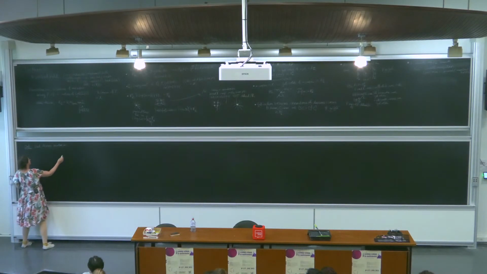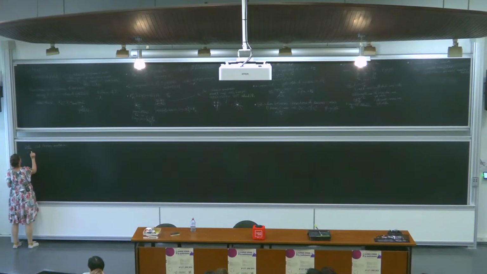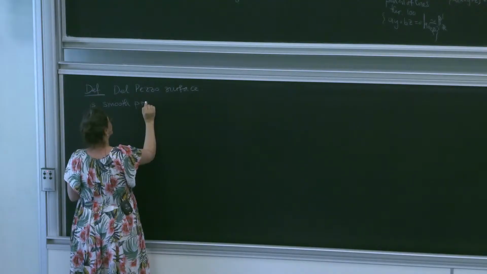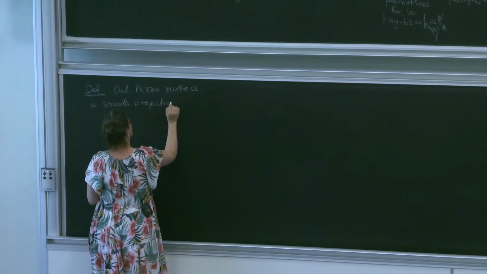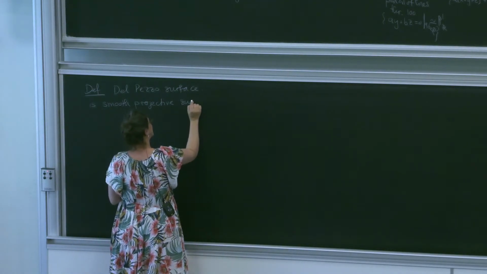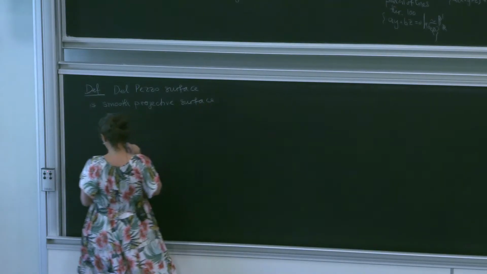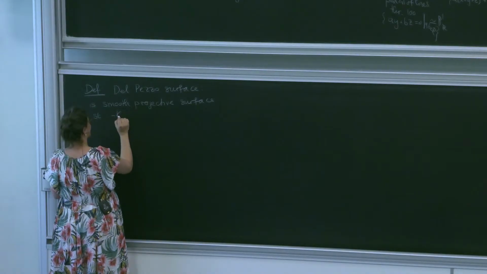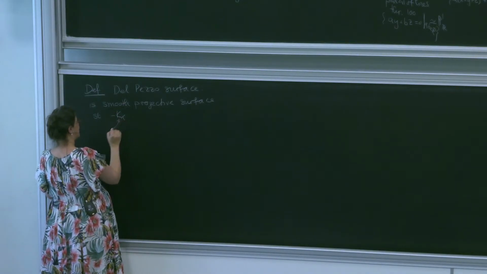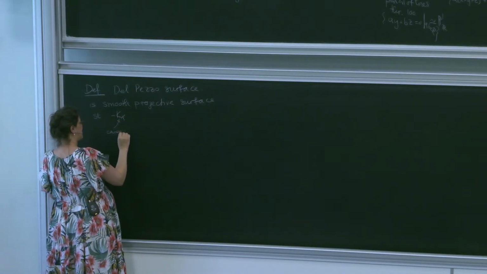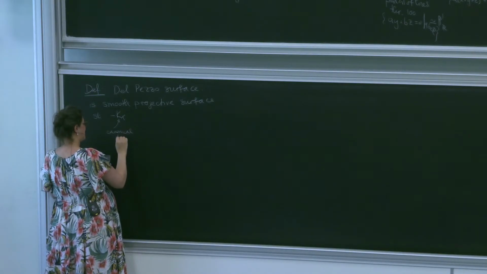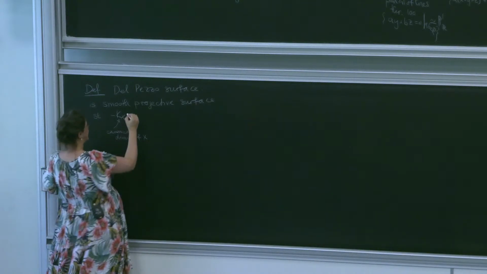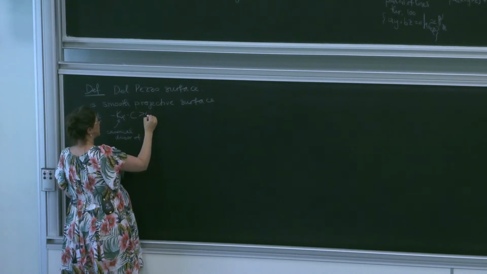All right. So this is a smooth projective surface such that minus K_X, so the canonical divisor, of X times any curve is positive.